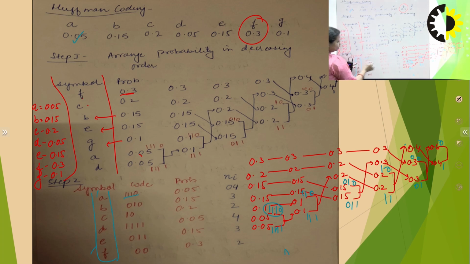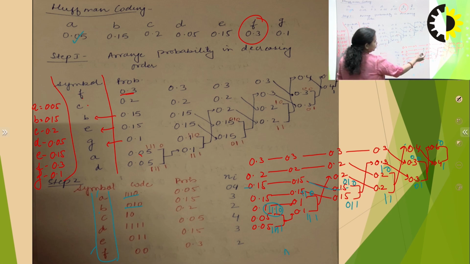Then for B, 0.15. So 0.15 is having code 011. So I have written 011. 0.1 is having code 010. See, this is 010. So I have written 010. Then C is basically 0.2.